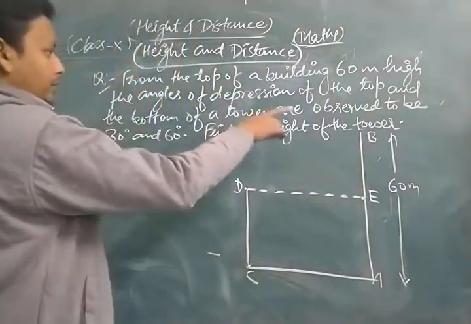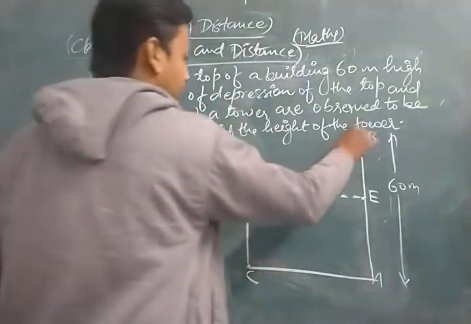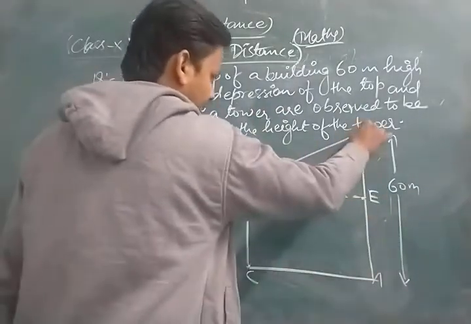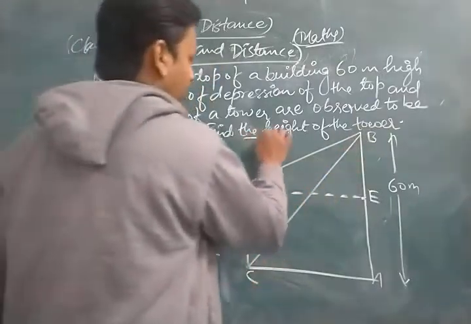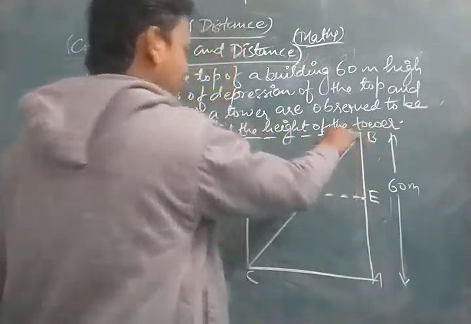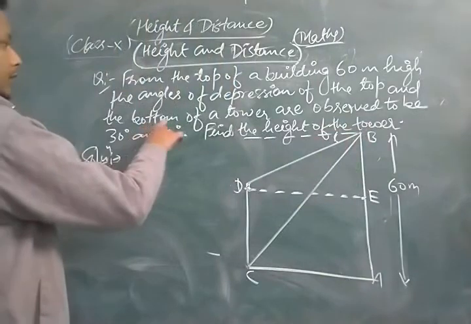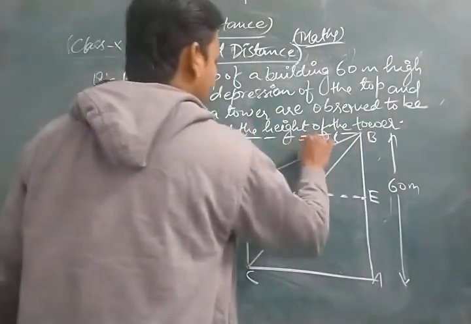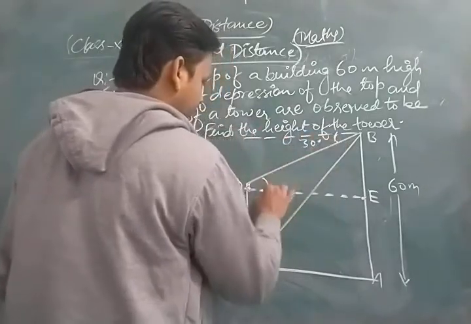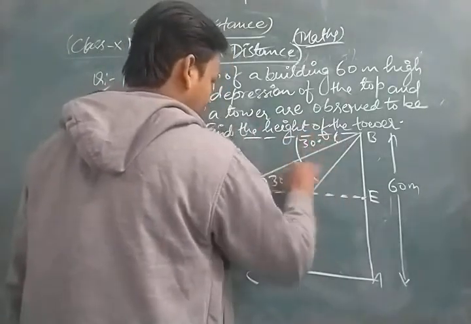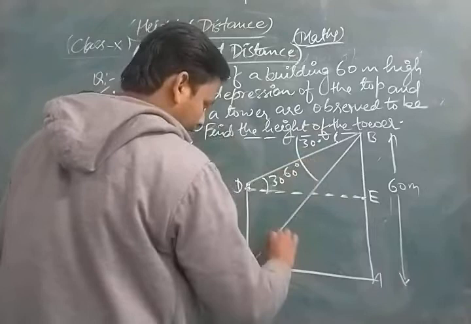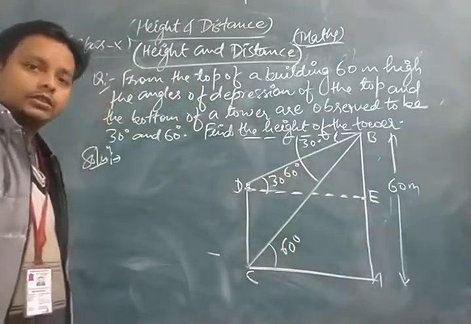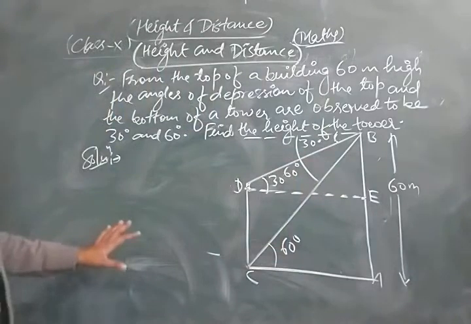Now, the angles of depression of the top and the bottom of the tower are 30 and 60 degrees. This is 30, so this is also 30, and this one is 60 degrees, so that one is also 60 degrees. Okay, students, now what do we find? We find the height of the tower.